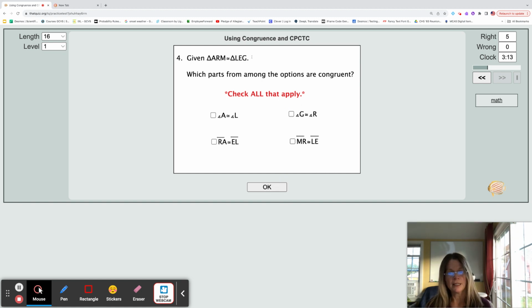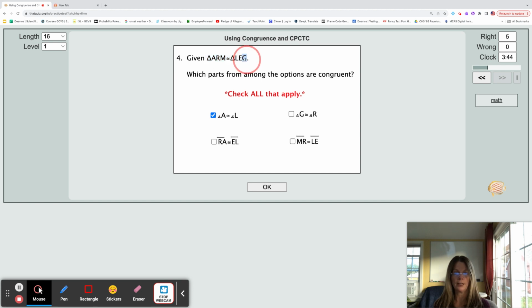Now we look at this, and we're going to ask you to interpret this congruent statement and select all that would be correct. Remember, the order matters. Hopefully you recognize that angles A and L are corresponding, so they are congruent. Angle G and R are not corresponding.